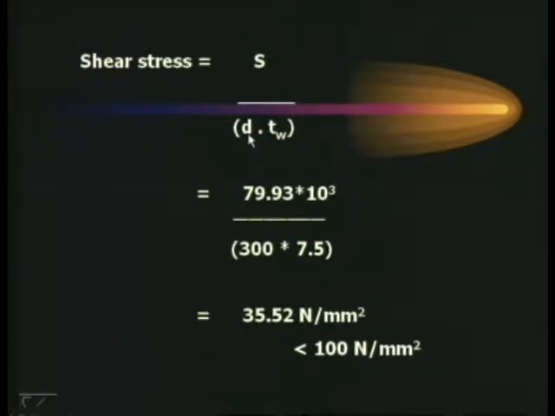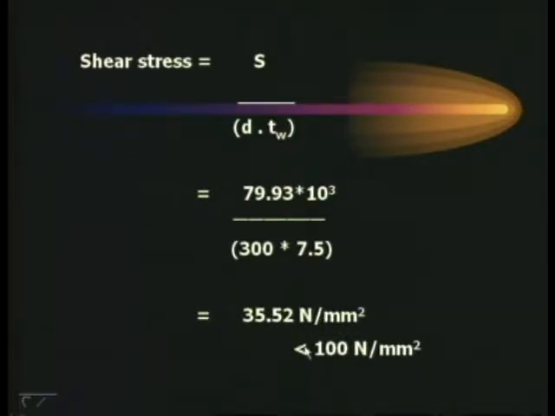The web has a depth. This is the depth of the web. This is the thickness of the web. Clear? So, the portion of the web is taking the shear. So, actually what is the stress equal to? Load by area. Here you are taking the cross sectional area of the web. Now, S divided by D into TW, this comes to 35.52 newtons per mm square.